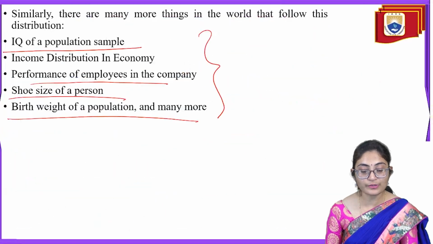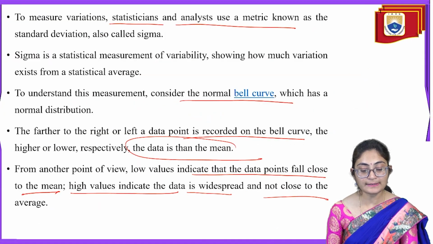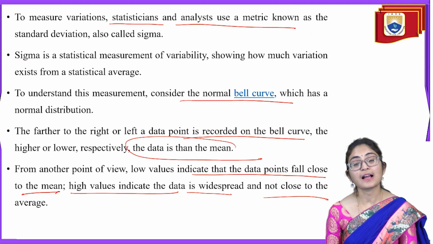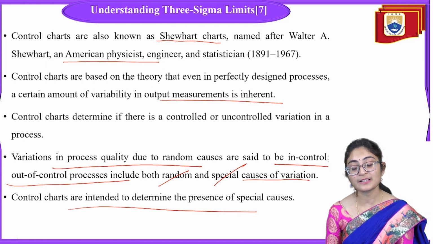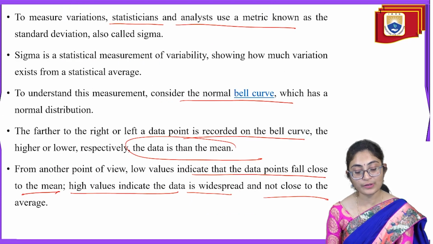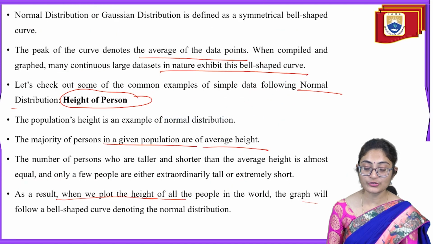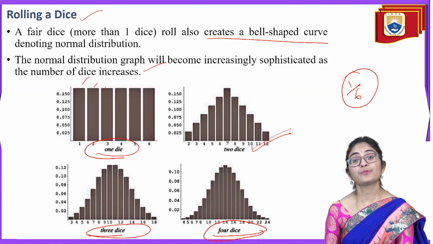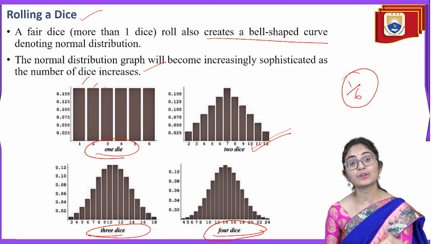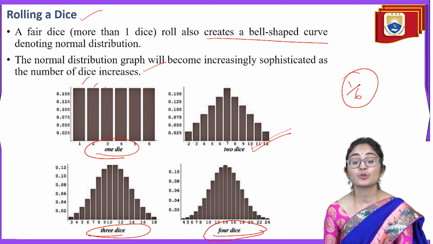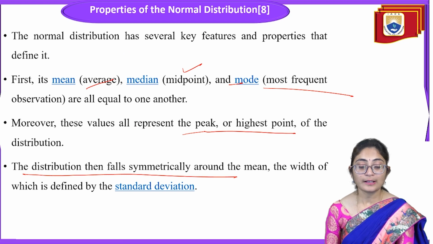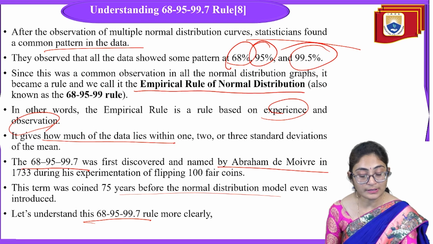In today's session, we have seen so many things. What is the empirical rule? After that, we have seen how to solve an empirical rule problem. What are the 3 sigma limits? These things we have learned. Then normal distribution, how to calculate and draw the normal distribution by using rolling dice. Then properties of the normal distribution.